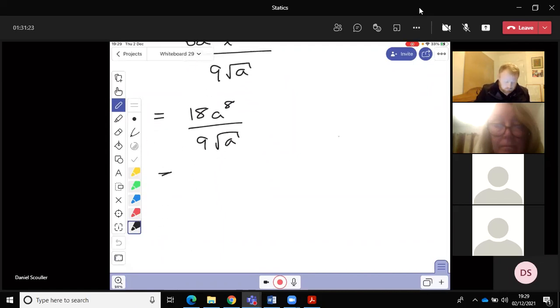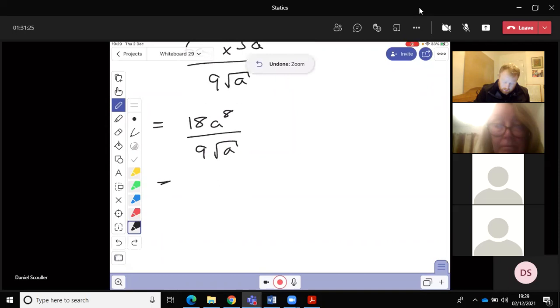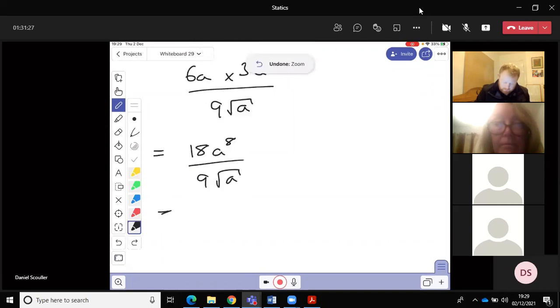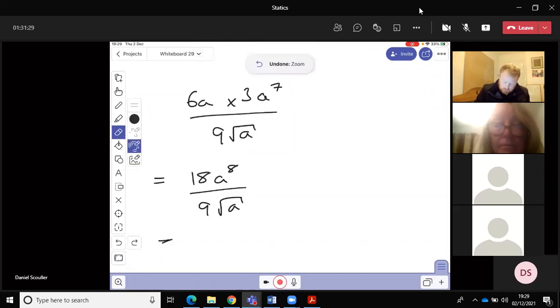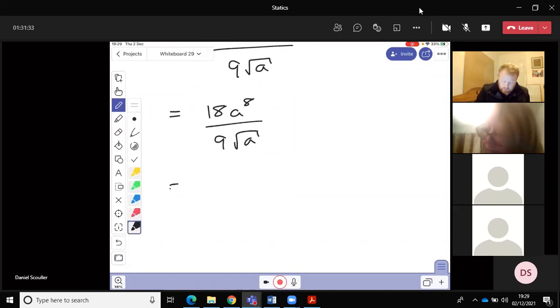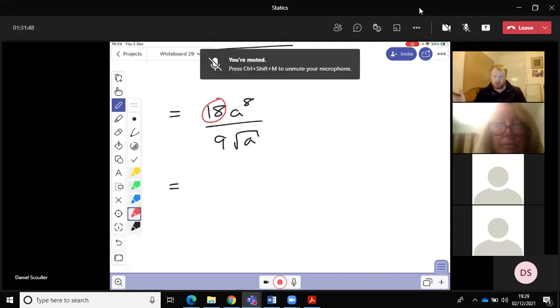Something that we can do here is just tidy this up a wee bit. Remember, when you've got a multiple at the top, that's 18 times a to the power of 8, and then 9 times root a.